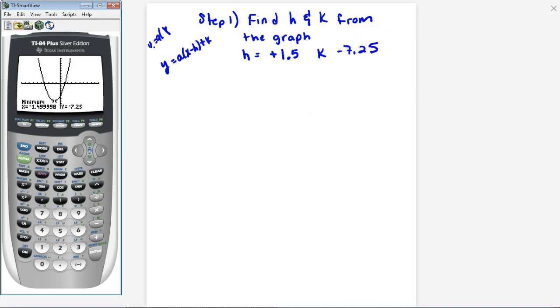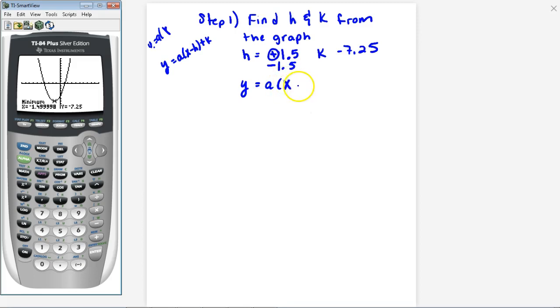So this h part is a little bit confusing because what this positive means is we moved it to the left, okay? But the actual h value is that x value at the minimum. So the actual h value is negative 1.5. But check this out. When we put it into the equation it's minus, right?